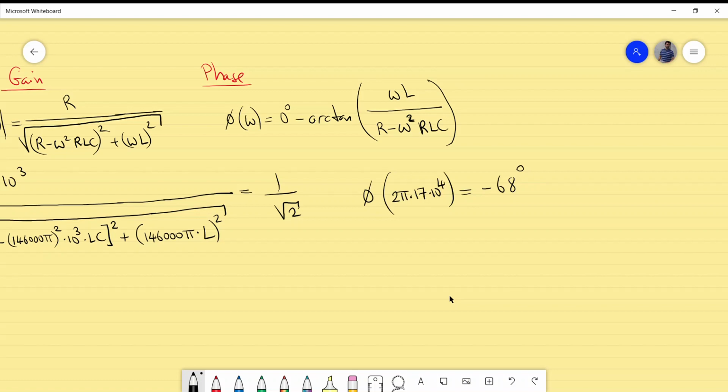I have the following. Minus arctangent, and then this can be simplified to, of course, 34.